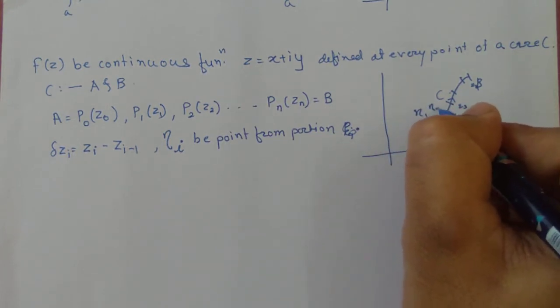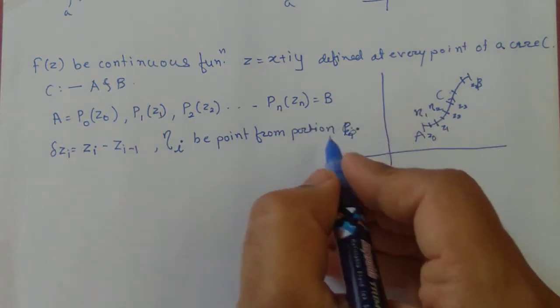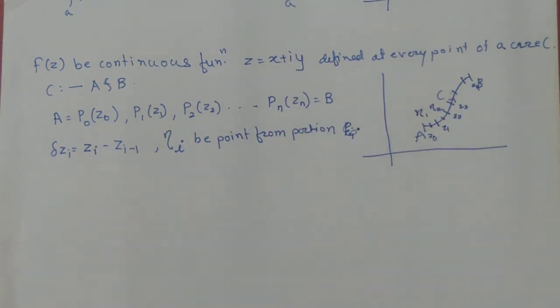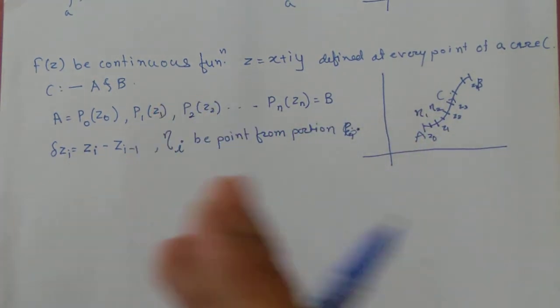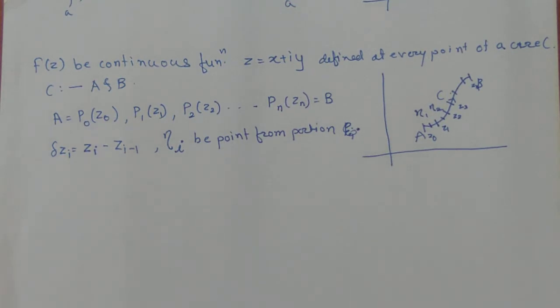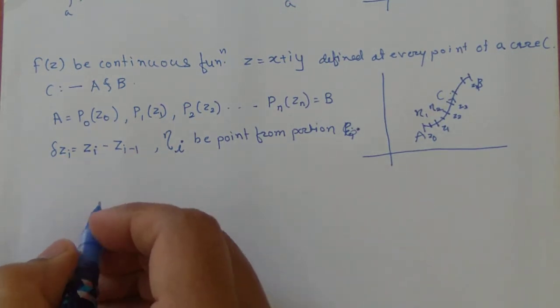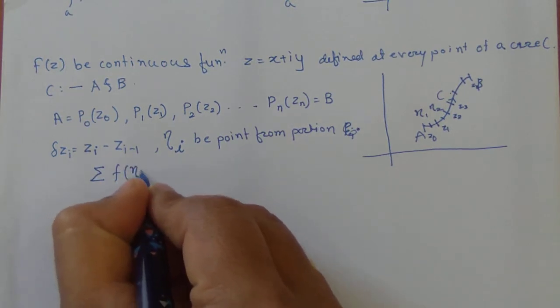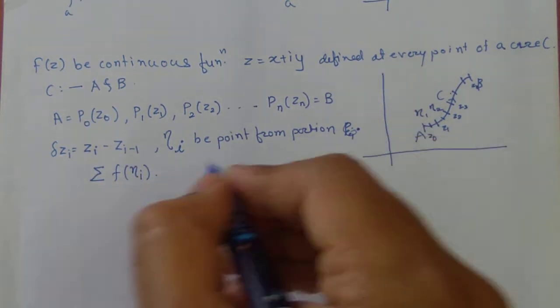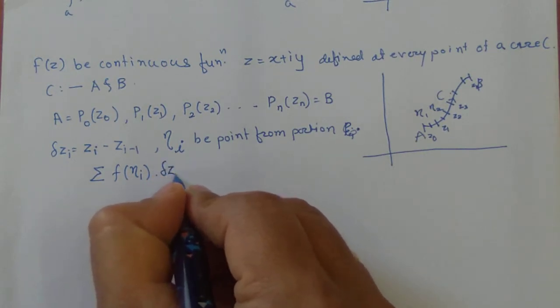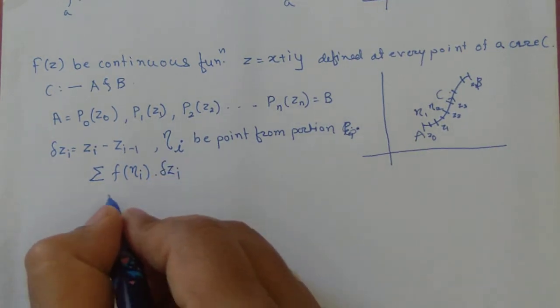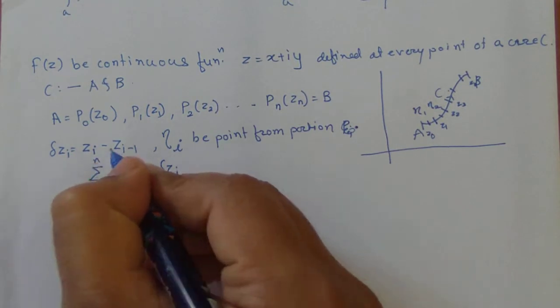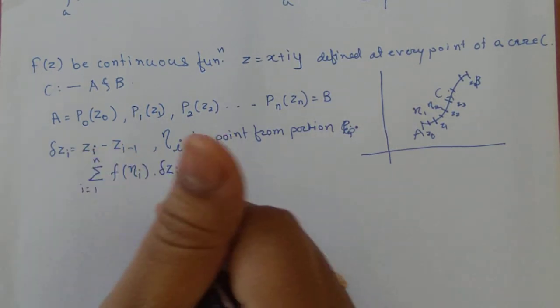Then from the next partition the point will be eta 2. So eta i is a point from each partition, where i varies from 1 to n. Then we are going to consider one summation. The summation is f of eta i into the length of this partition, that is delta Zi, where i runs from 1 to n. Consider this summation.